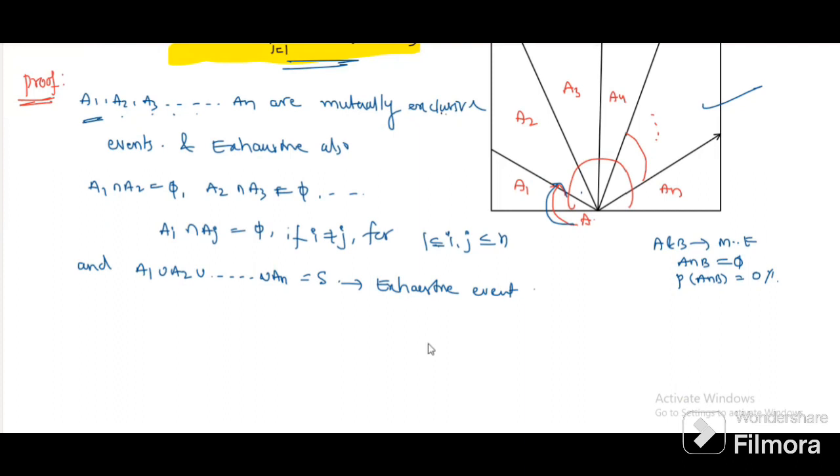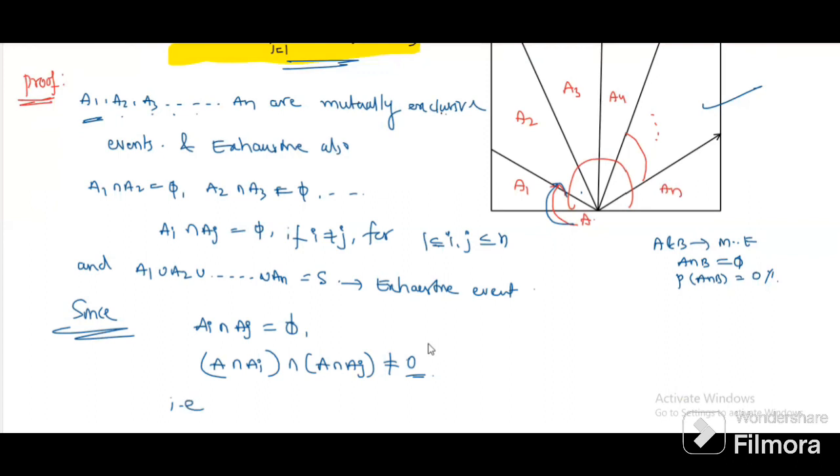Since Ai intersection Aj is the null set, even if we include A here, A intersection Ai and A intersection Aj will also be mutually exclusive, that is disjoint, for i not equal to j.